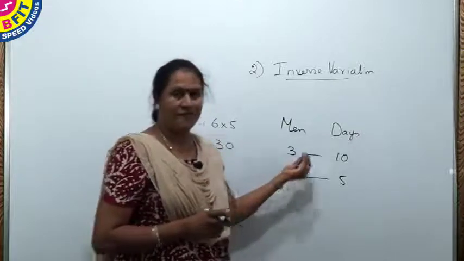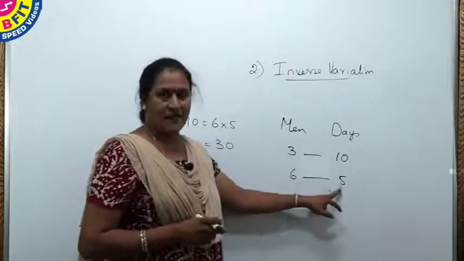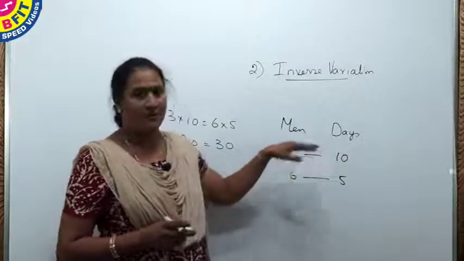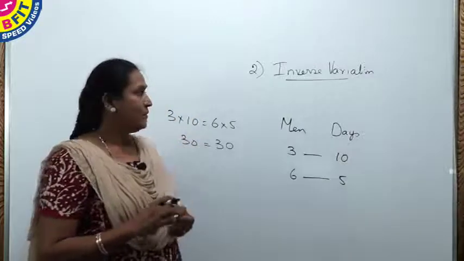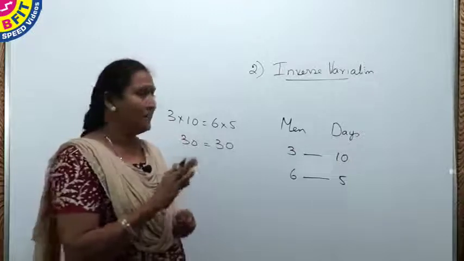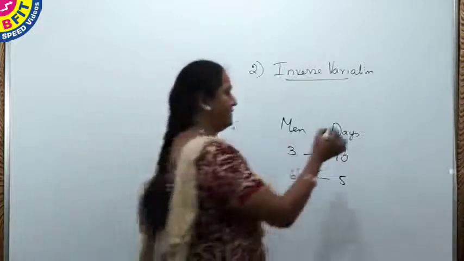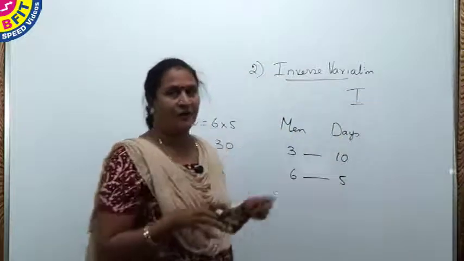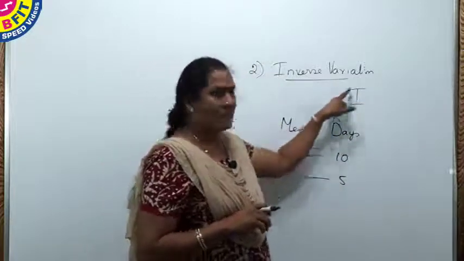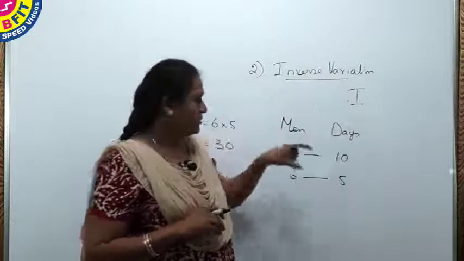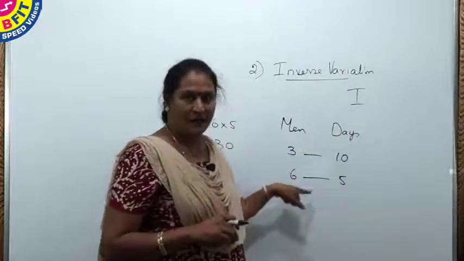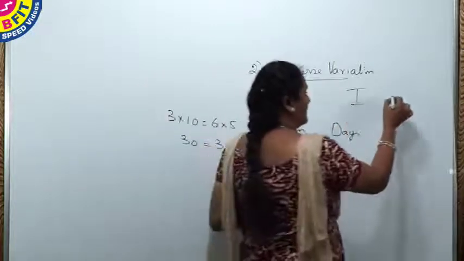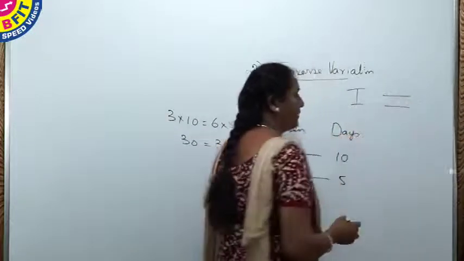So whenever the variables vary inversely, the parallel products will be the same. With this concept, whatever is asked, you can find by equating the product of the first row and the second row. You can remember it like this: for inverse variation, the letter I has two parallel lines, so the parallel products will be the same.